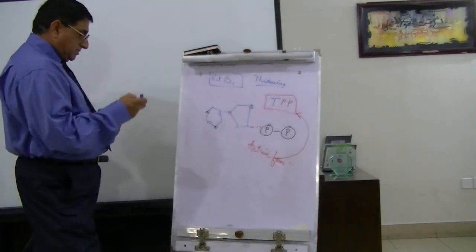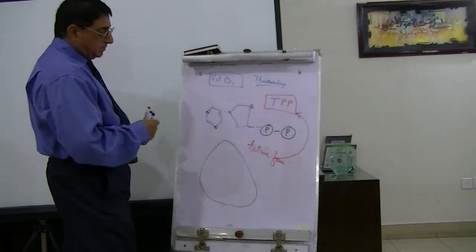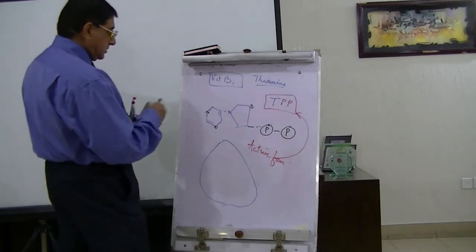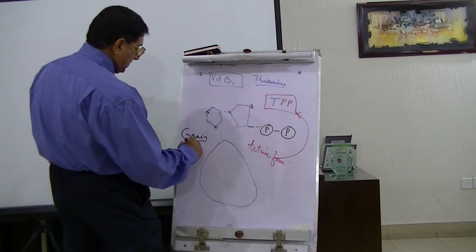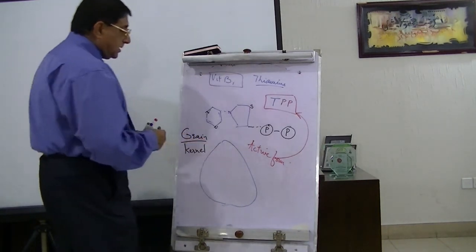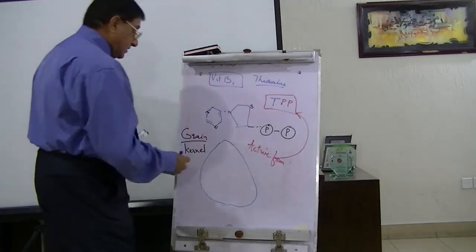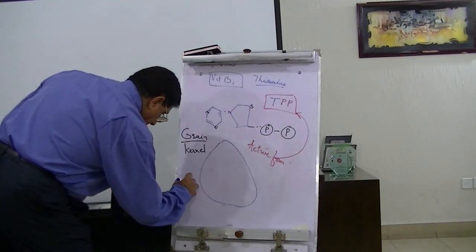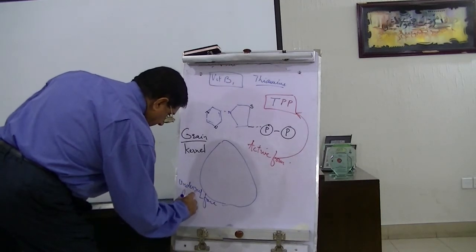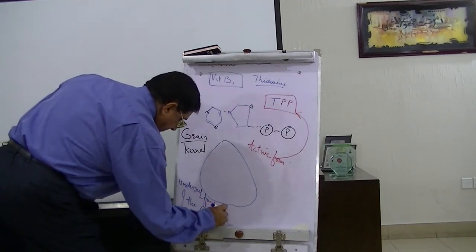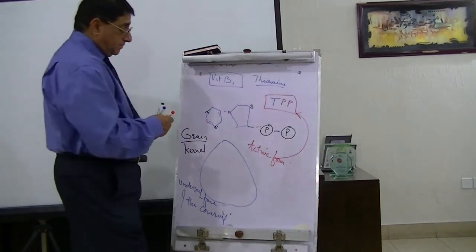And where is it located? If you take this one as grain, it is the undersurface of the grain, undersurface of the covering, which contains B1.